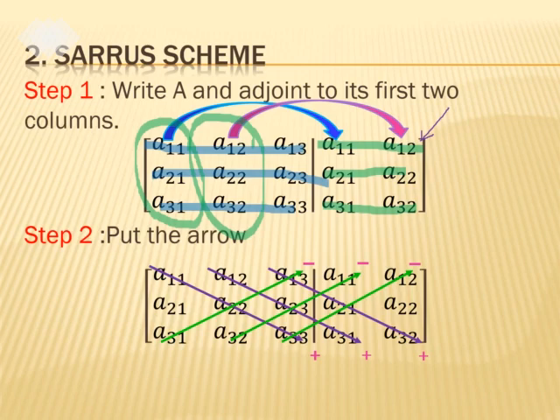And then step 2, put the arrow. So first one is the purple arrow. And then don't forget the plus sign. And then green arrow. And then the negative sign.